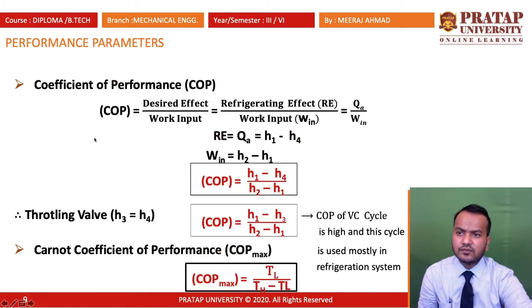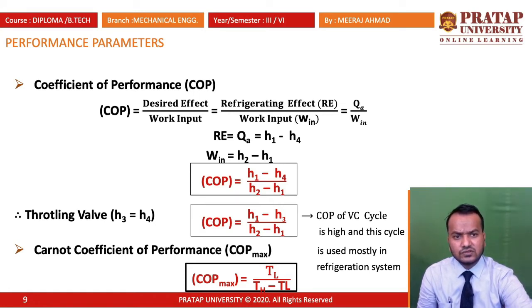Then the next slide is the performance parameter. So you applied the steady flow energy equation in each device, then you got the values of work done, heat addition and heat rejection in terms of enthalpy.